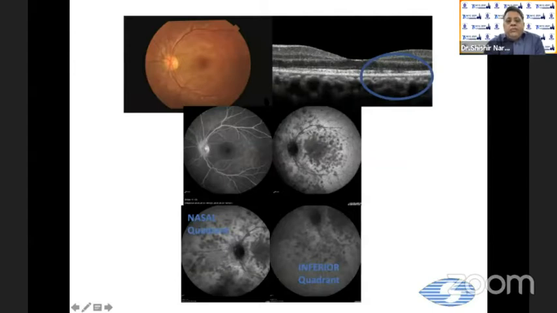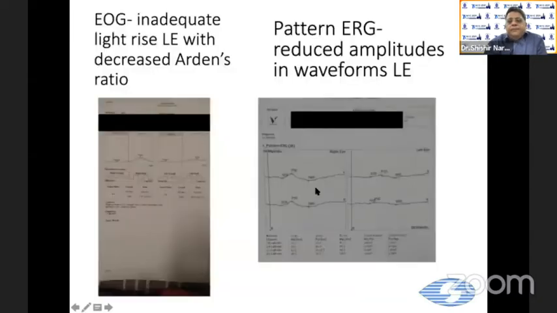So here is one patient of mine. You can see these white dots here, and you can see that there is a disruption of the ellipsoid zone that is present here, but the ICG is showing multiple hypofluorescent areas all over the fundus at the posterior pole, nasally and inferiorly.